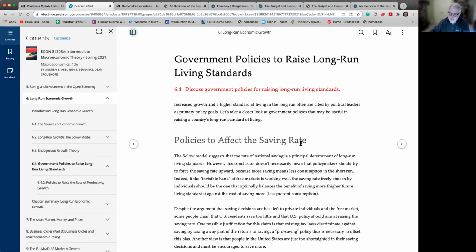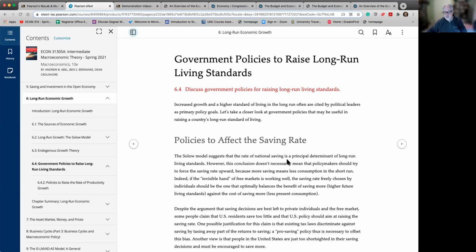It talks about the kinds of government policies that could raise long-run living standards. If the amount of capital per worker and the amount of technology drive labor productivity, and labor productivity drives economic growth, then the things that affect capital per worker matter.